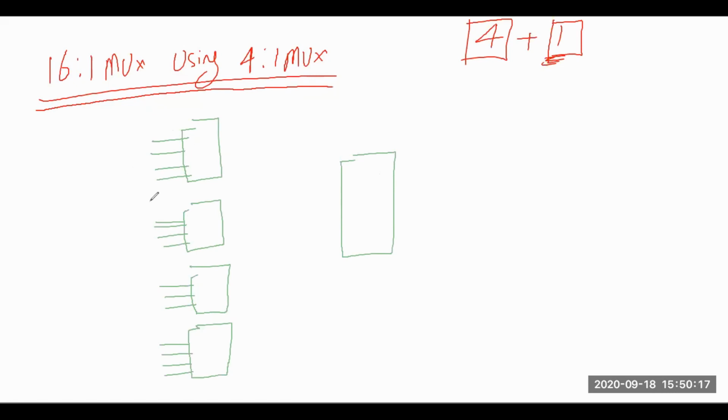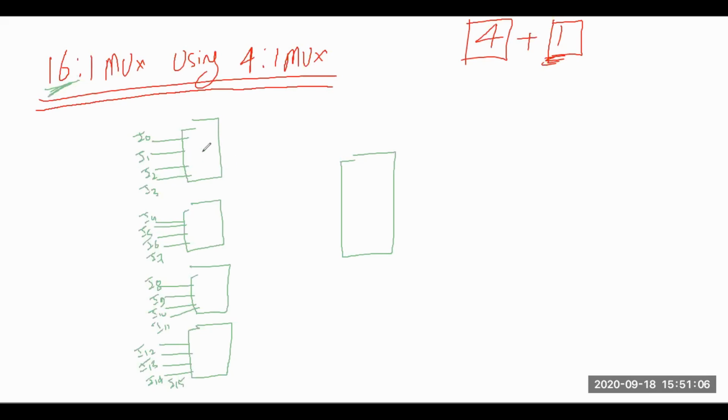Okay, so if I'm doing it in this way, I'm getting 16 total inputs. If I number them, it is I0, I1, I2, and I3. This is I4, I5, I6, I7. This is I8, I9, I10, I11. This is I12, I13, I14, and I15. So there are a total of 16 input pins.